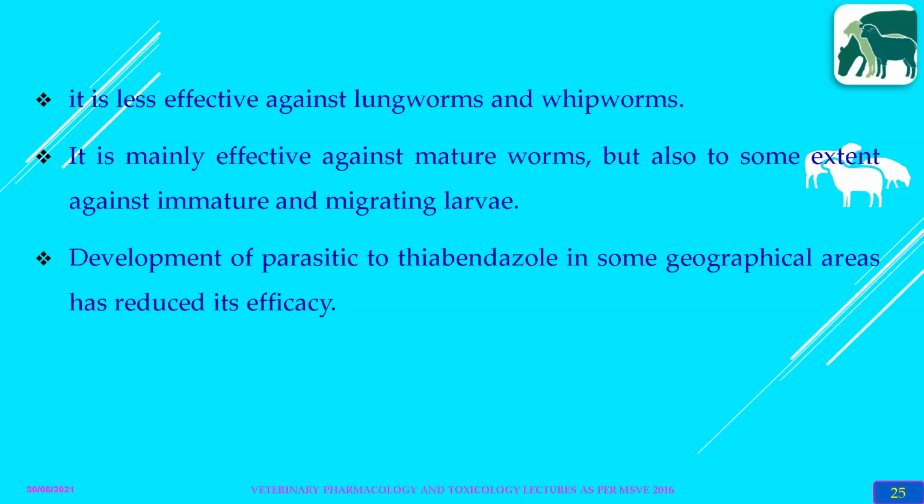It is mainly effective against the mature worms, but to some extent it is also effective against the immature and migrating larvae. Mostly it is effective against the mature worms, but sometimes it is also effective against the migrating larvae.